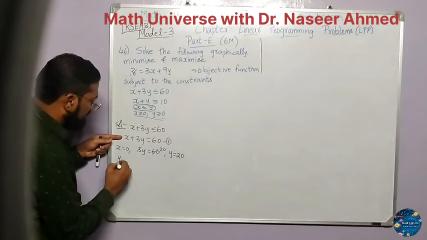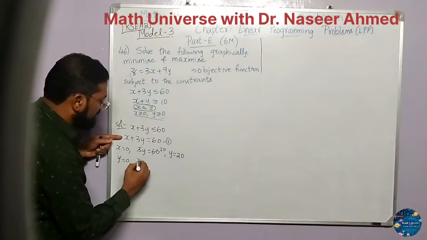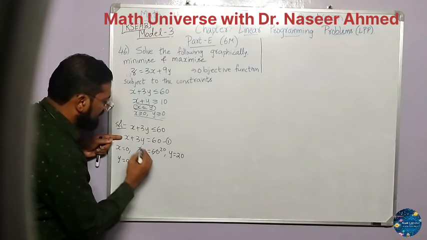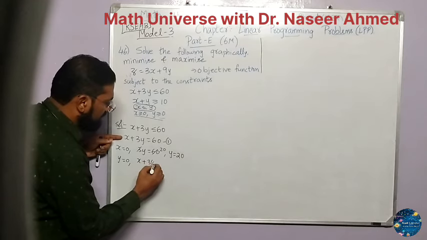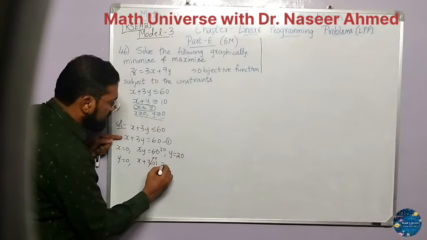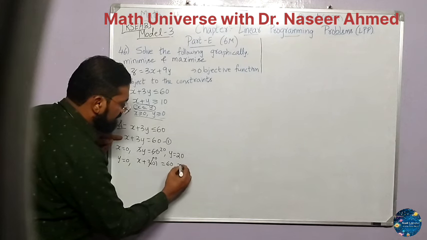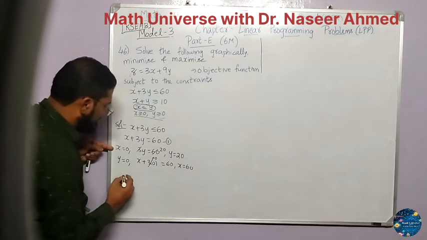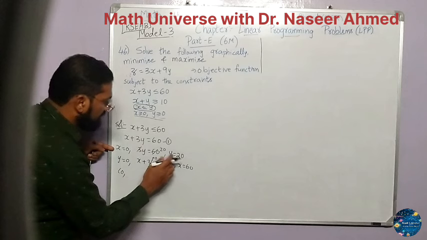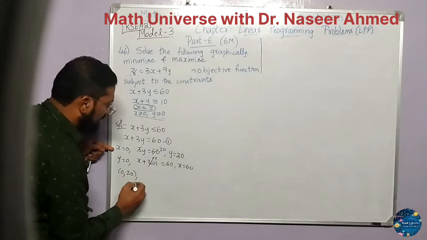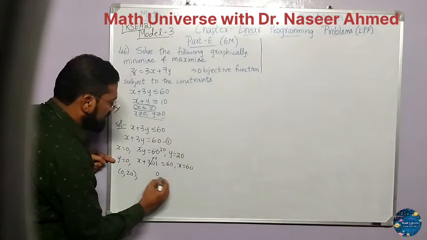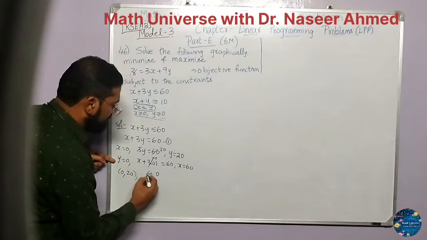Whereas when y is equal to 0, we have x plus 3 into 0, which is anyway 0, is equal to 60 as it is. So x value is 60 here. Therefore, when x is equal to 0, we have got y value to be 20, and when y value is 0, x value is 60.